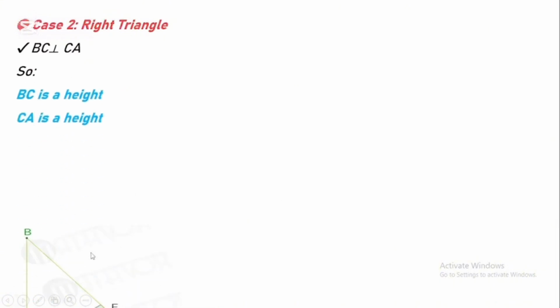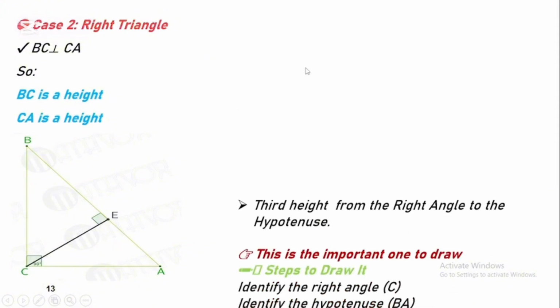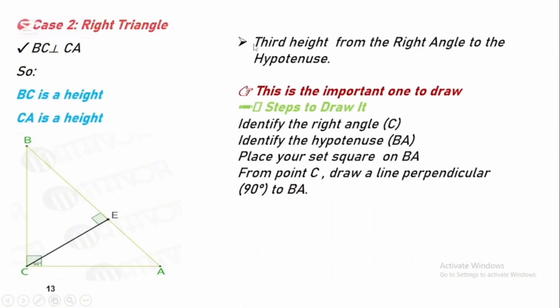Now, case 2, in a right triangle, for example, ABC, right at C, we already have BC perpendicular to CA. So, BC is a height and CA is another height. Okay, how to draw the third height? Third height from the right angle to the hypotenuse.